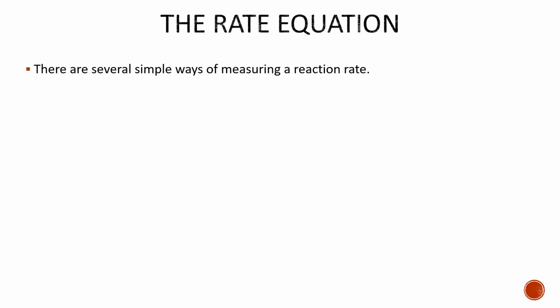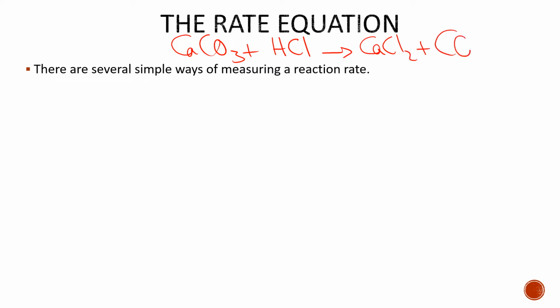There are several ways of measuring a reaction rate. If we study the reaction of calcium carbonate, CaCO3, with hydrochloric acid, we already know that the products will be CaCl2, carbon dioxide and water.